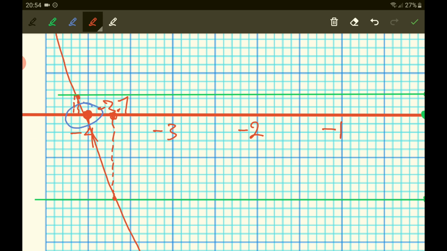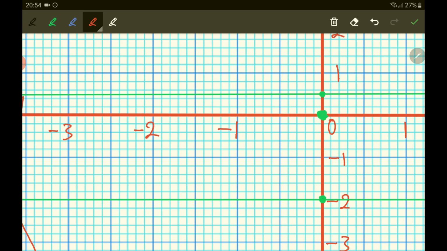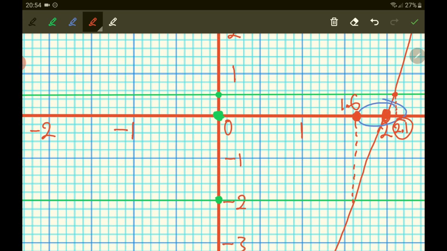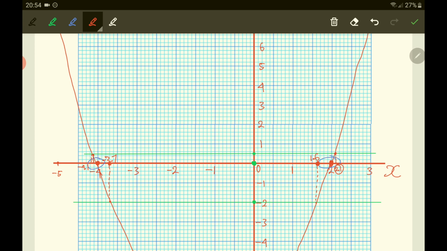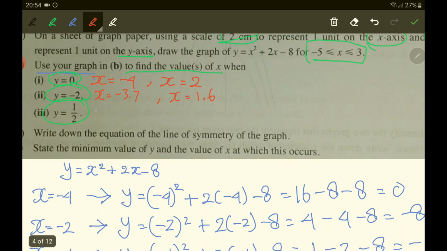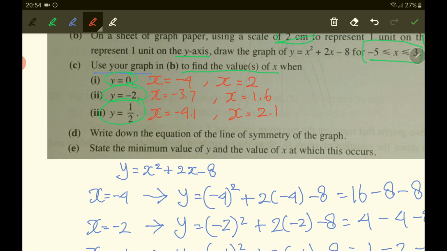So it's like -4.1, and the second one will be here, around 2.1. So -4.1 and 2.1. Okay, x equal to -4.1 and x equal to 2.1. Alright, so that's for C part.